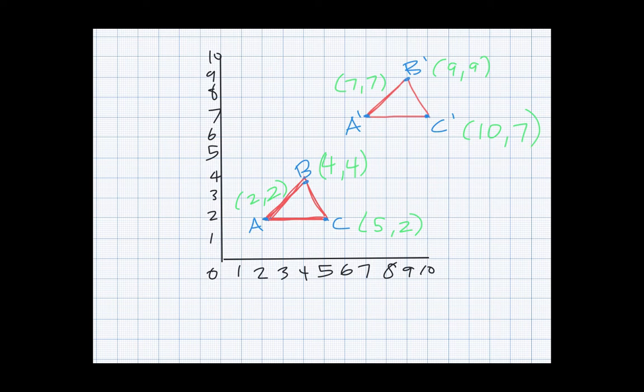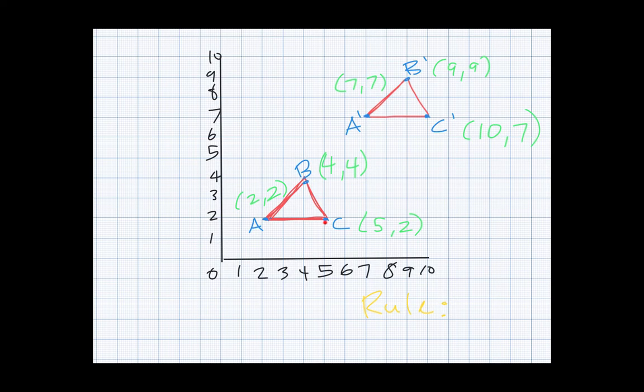What is the rule for moving all of our shapes? Vertices. So A is now A prime, B is now B prime, C is now C prime. So what is the rule? Let's find it out. Let's follow the path of where C went.